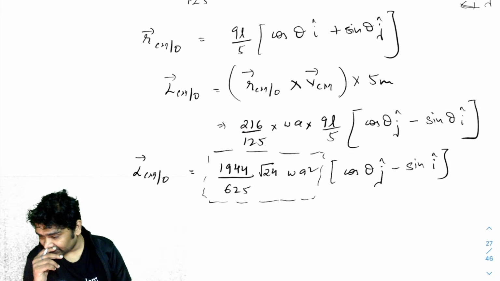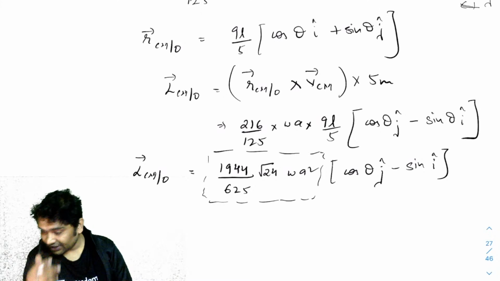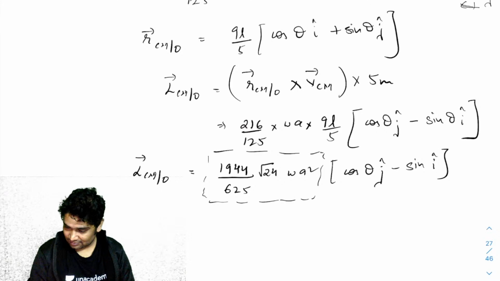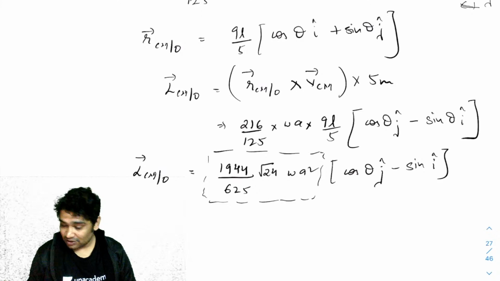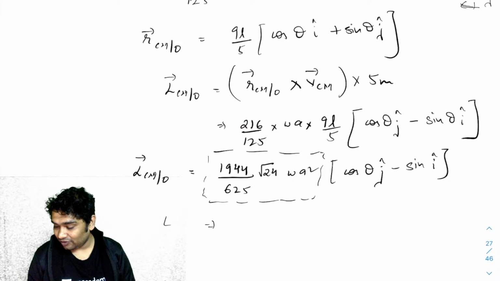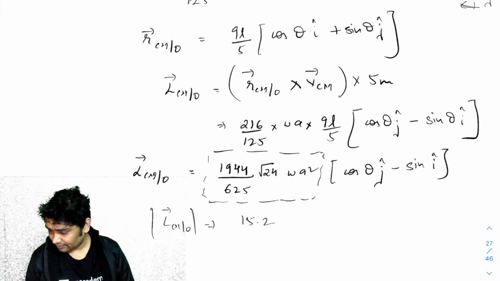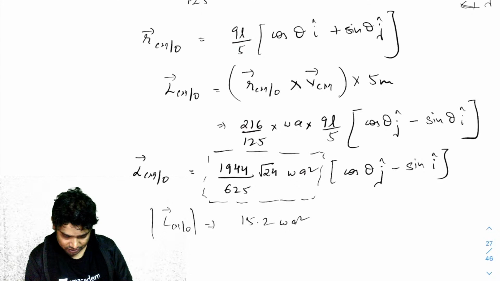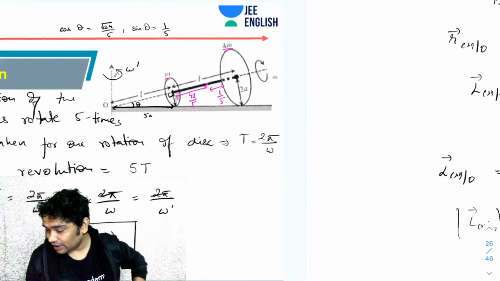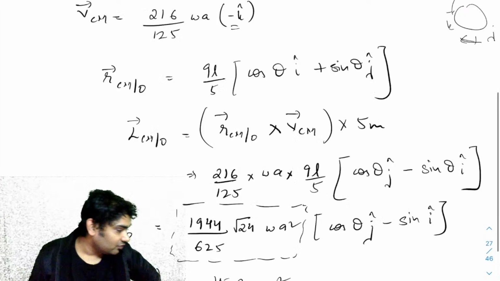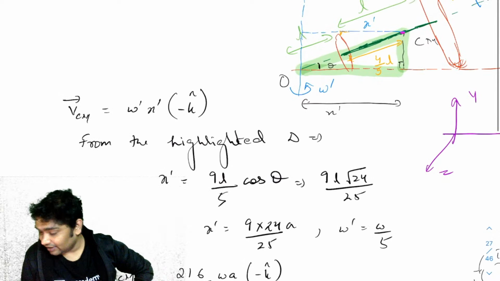I hope I have calculated everything correctly. Yeah, seems correct. So it is in fact coming out to be the mod of this comes out to be some 15.2 omega a square. I'm not sure though. I may have missed a 5 somewhere. Let's check it because I remember once I tried, it was around 76. I may have had a 5 extra somewhere.